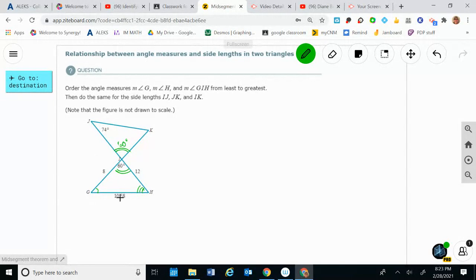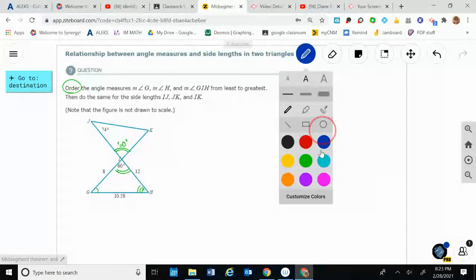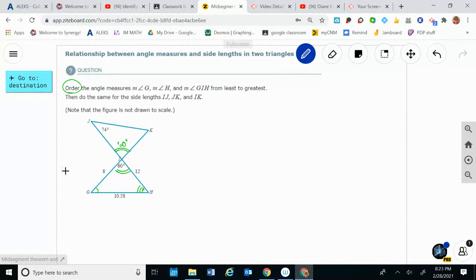The first task is to just do what they say: order the angle measures first. Which one is going to be greatest? Now you're going backwards, and this one is not quite as obvious. You have to look at the opening of the mouth and decide which angle is biggest. So 8 is the smallest and it points to H. So angle H is the smallest, which is less than angle GIH, which is bigger.